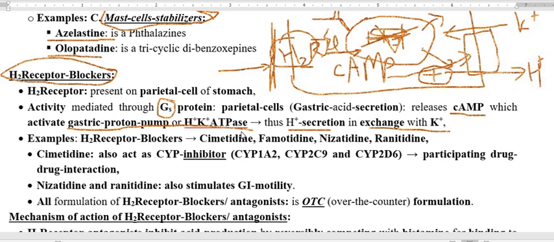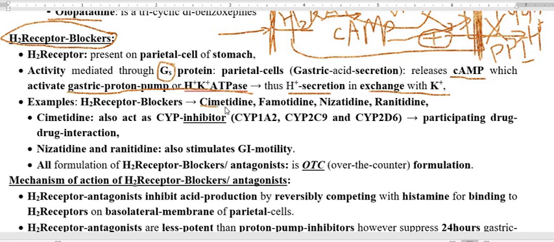Because a better, more efficacious drug came that particularly inhibits this proton pump, and the drugs are called proton pump inhibitors, PPI. So a better option is there, and when we are inhibiting this proton pump directly, or the drug is directly blocking this pump, then the HCl is not going to be released, and their efficacy is about inhibiting 95% of acid production, whereas the drugs that are H2 receptor blockers, the examples are cimetidine, famotidine, nizatidine, and ranitidine.